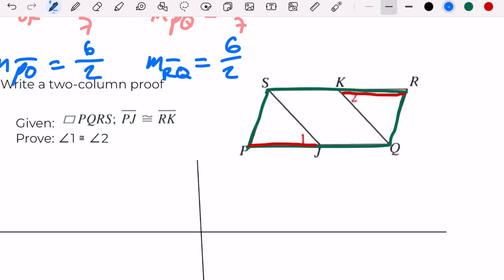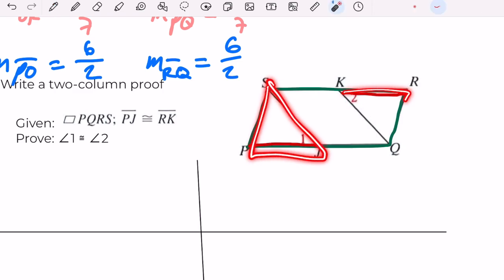Well, a way of arguing this would be, okay, if you look at the triangles, what do they have in common? What do we know is congruent among these two triangles? We know that this and this is congruent because it is given. We know that this and this is congruent because they are opposite sides of a parallelogram.